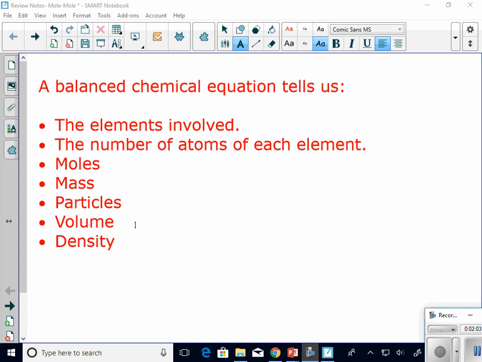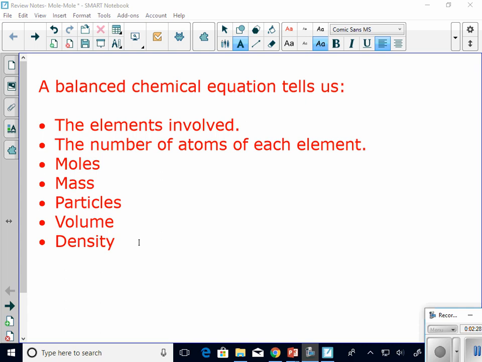That is just flux capacitor stuff that we were reviewing yesterday. So, moles, mass, particles, volume, that's all flux capacitor stuff. Hopefully you got some good review on that yesterday, reacquainted, so to speak, ourselves with that flux capacitor. And finally, the density.